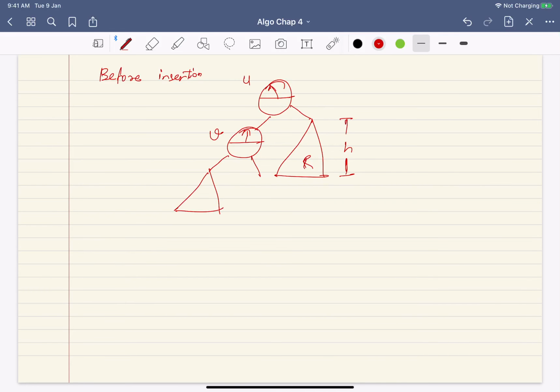Now what will be the height of LL and LR? This is height h, and U is left heavy, so overall it is h plus 1. So LL and LR are both of height h.